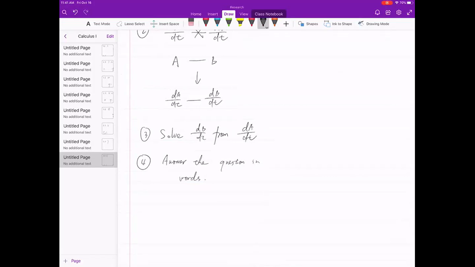I was asking how fast is the thing shrinking in terms of radius. Your answer should be the radius is shrinking at whichever rate. You cannot simply just say, hey, it's 36. 36 what? What's the unit? Is it shrinking? Don't assume everything is trivial.